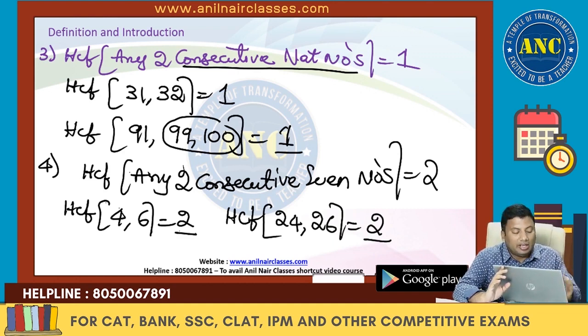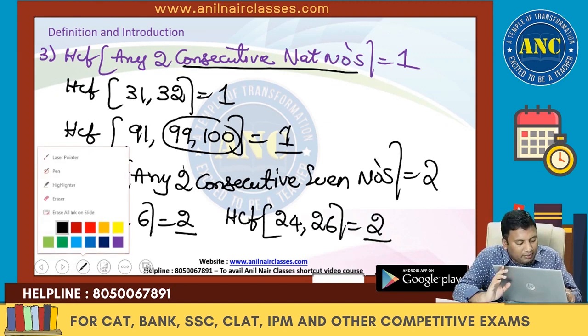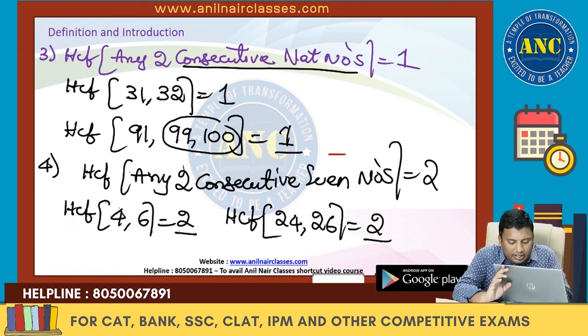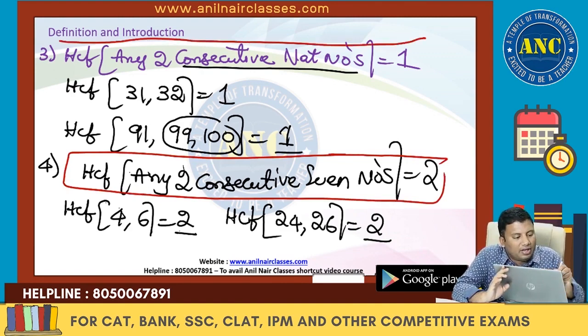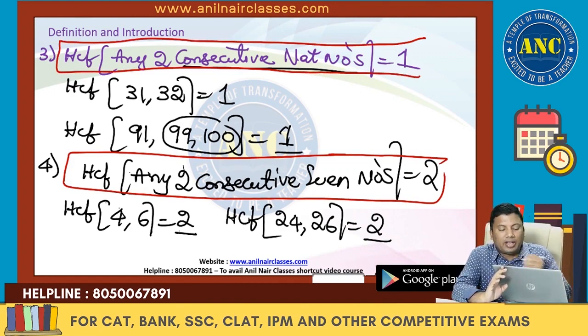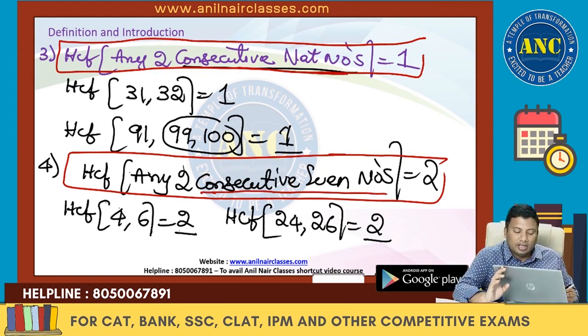HCF of any two consecutive even numbers is 2. HCF of any two consecutive natural numbers is 1. Any two consecutive even numbers is 2.